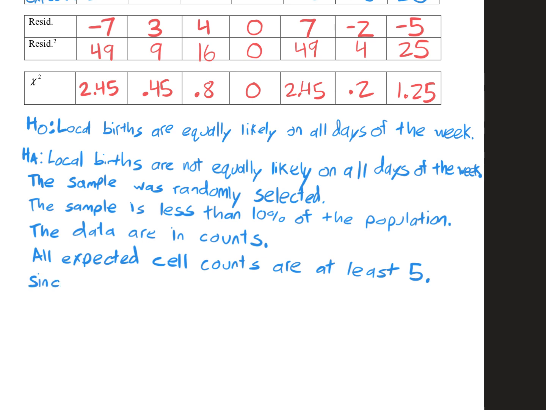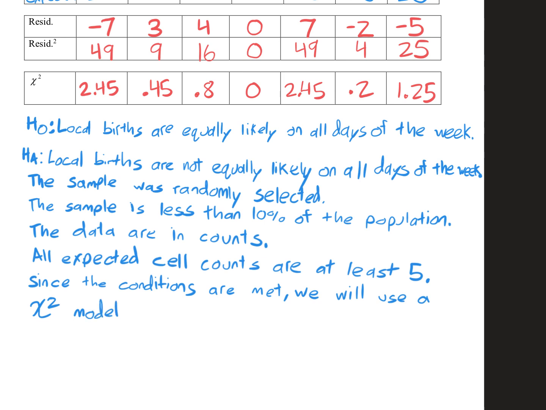Now we say, since the conditions were met, all right, so the model we're going to use is a chi-square model. Chi kind of looks like an x, but one part of the x is straight and the other part of the x is kind of curvy.